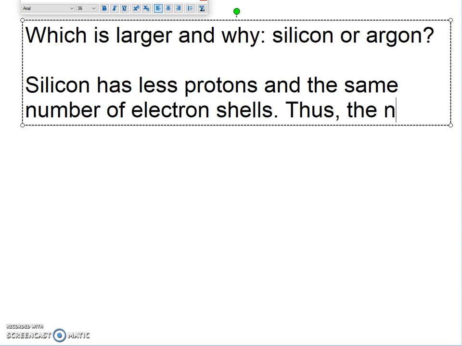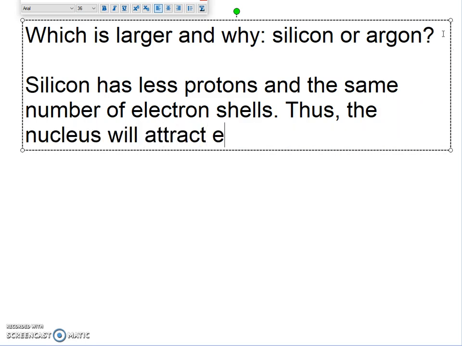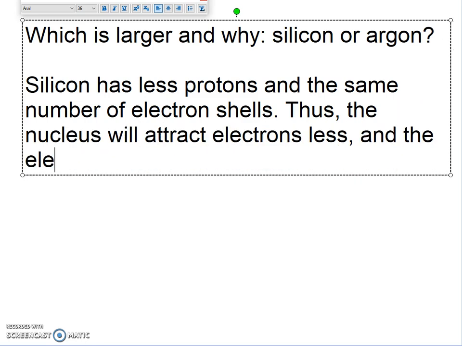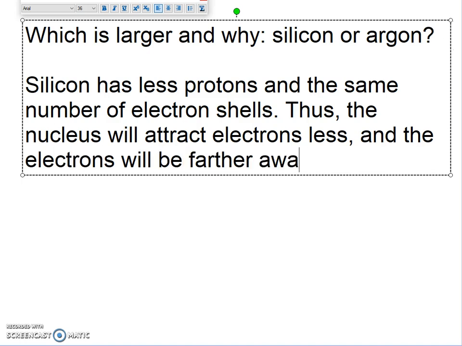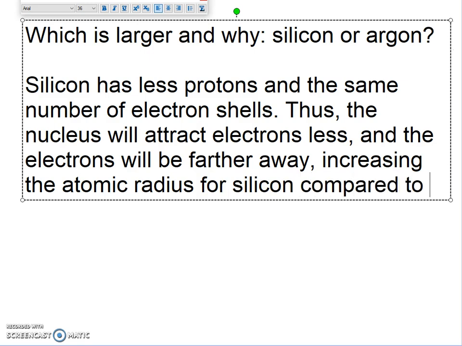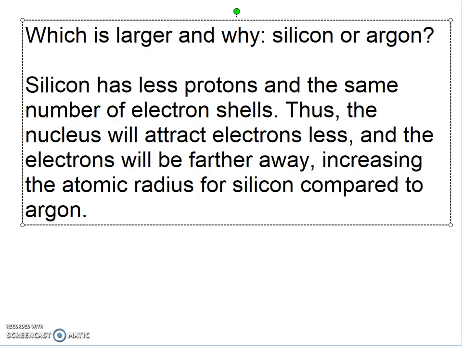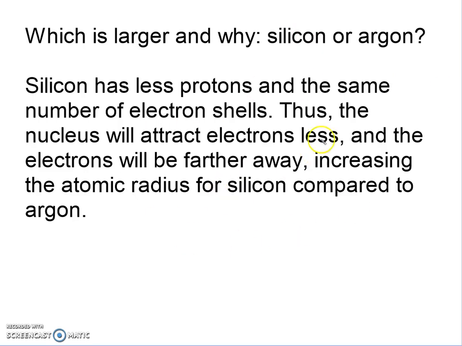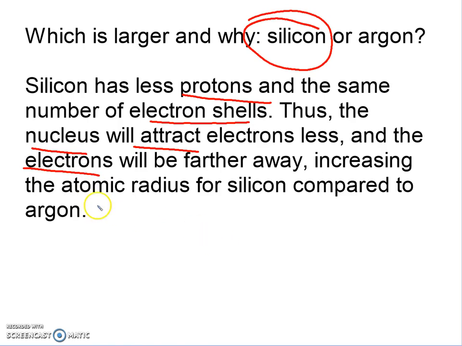Thus, the nucleus will attract electrons less, and the electrons will be farther away, increasing the atomic radius for silicon compared to argon. So silicon is larger, but again, you've got to use the vocabulary as always to explain it. So I'd be looking for protons, electron shells, attract, nucleus, electrons, and then of course atomic radius.